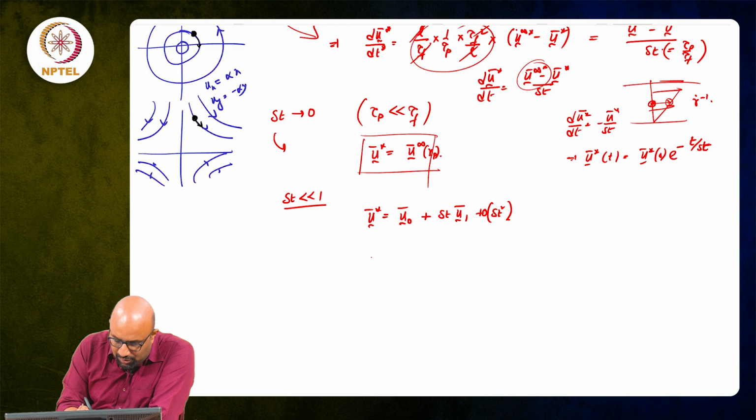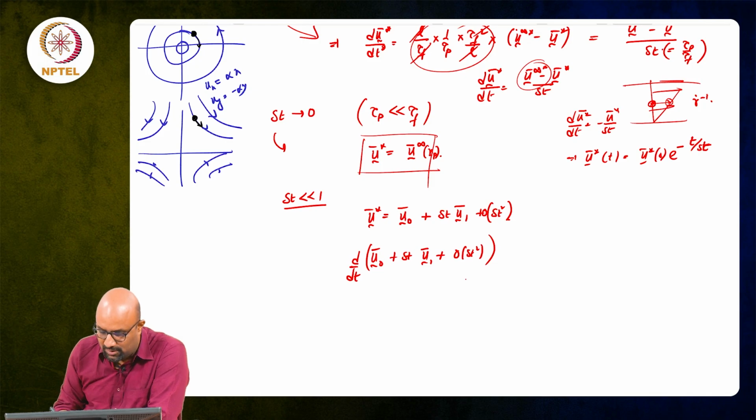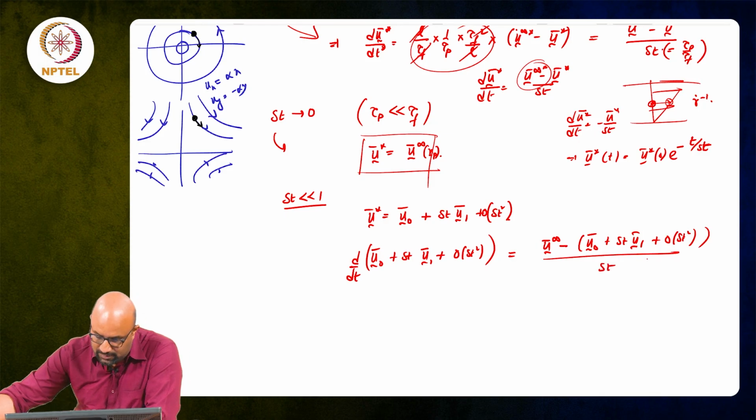So, what this does is, if you substitute this for the left hand side, it is going to be d/dt of u naught plus Stokes u1, and then there are terms which I am not writing down explicitly, which are order Stokes squared. On the right hand side, you have u infinity. I am dropping the asterisk here because it is all non-dimensional. So, I am not separately writing down asterisk terms. And then here you have u naught plus Stokes u1 plus order Stokes squared, divided by Stokes.